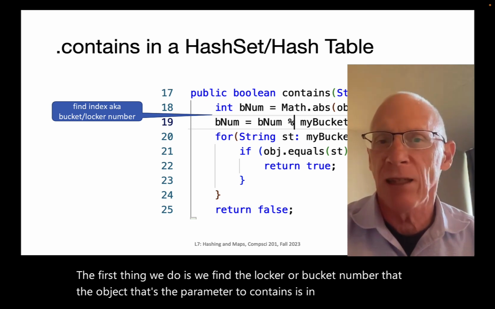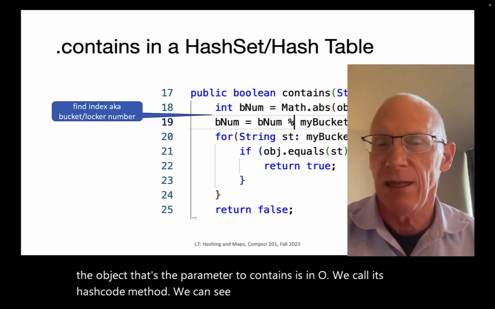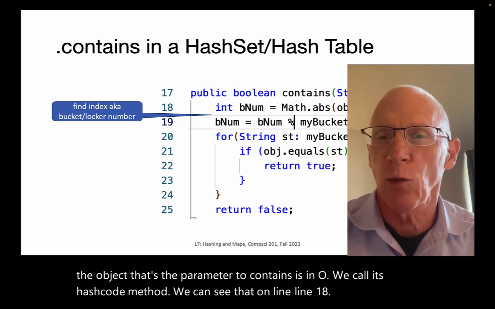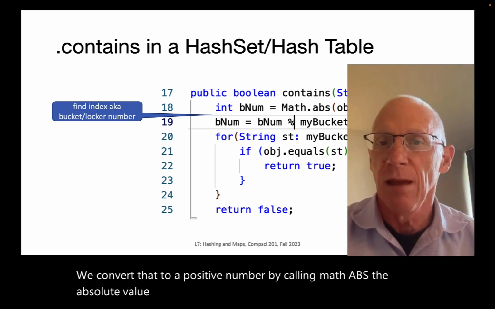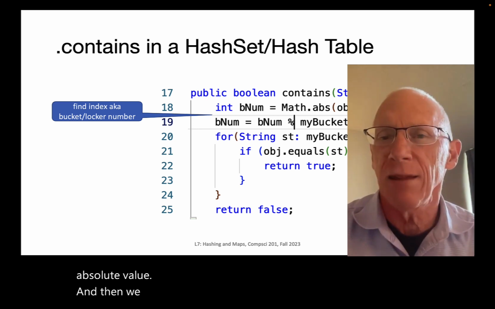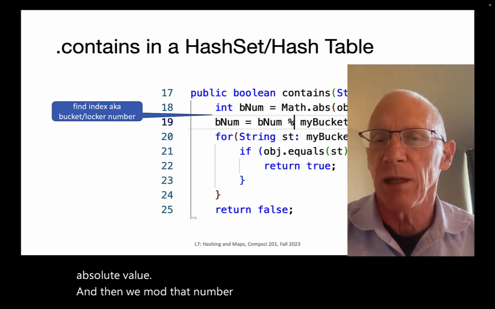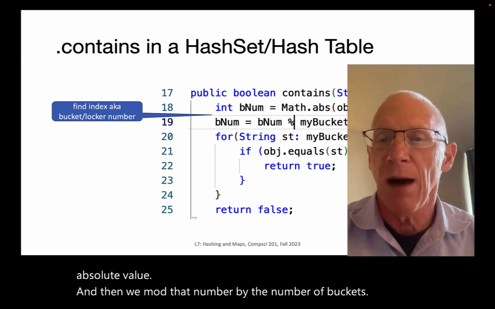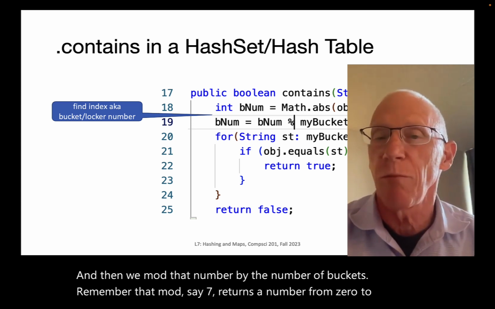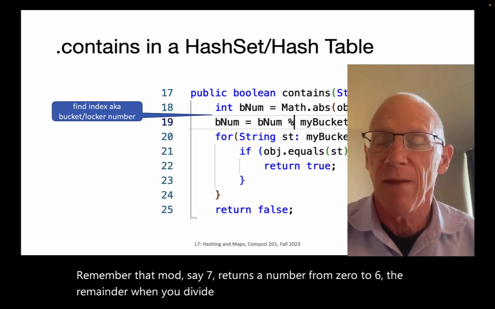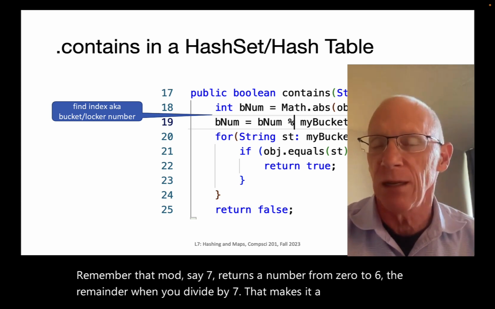So we call its hashCode method. We can see that on line 18. We convert that to a positive number by calling Math.abs, the absolute value, and then we mod that number by the number of buckets. Remember that mod, say 7, returns a number from 0 to 6, the remainder when you divide by 7. That makes it a valid bucket number.